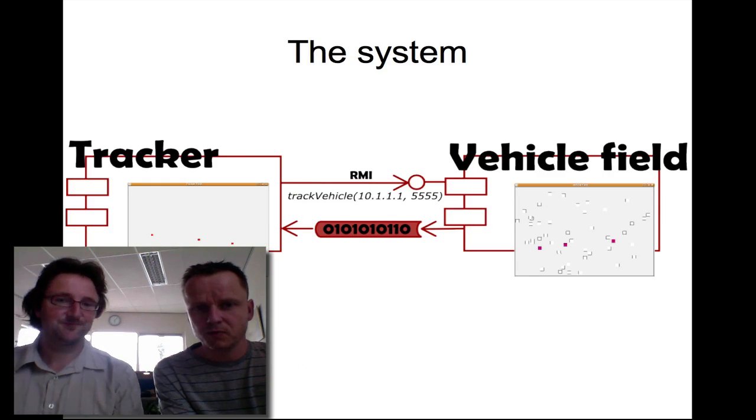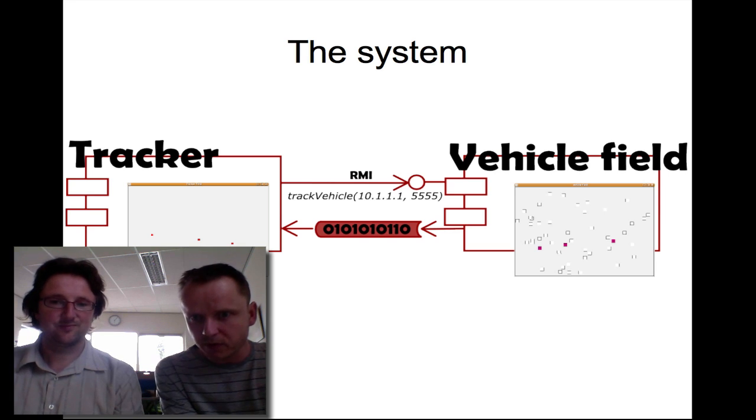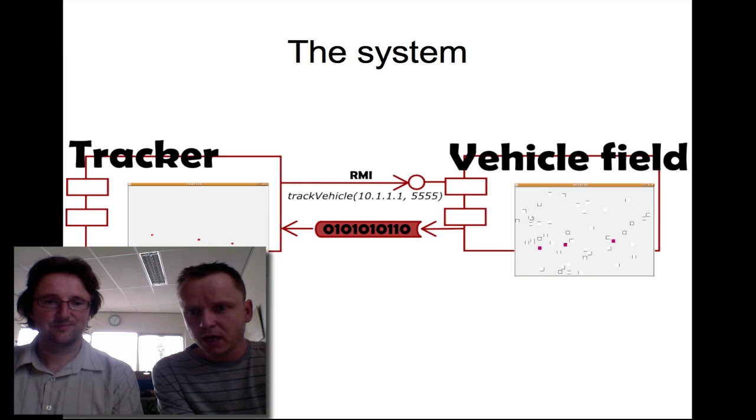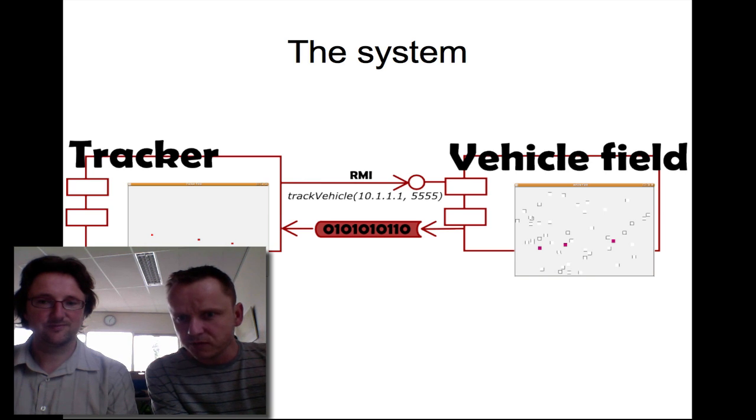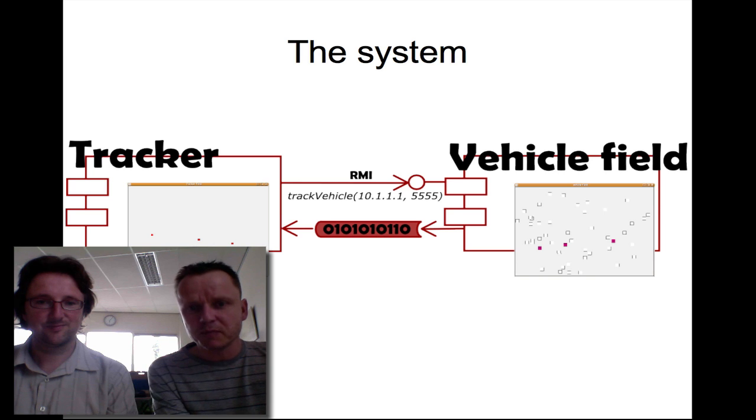Yes, so what we are looking at is a vehicle field. It's a field with little square boxes moving around, and you have to use your imagination to find vehicles in them, but the square boxes are vehicles. And they can be tracked by a tracker.